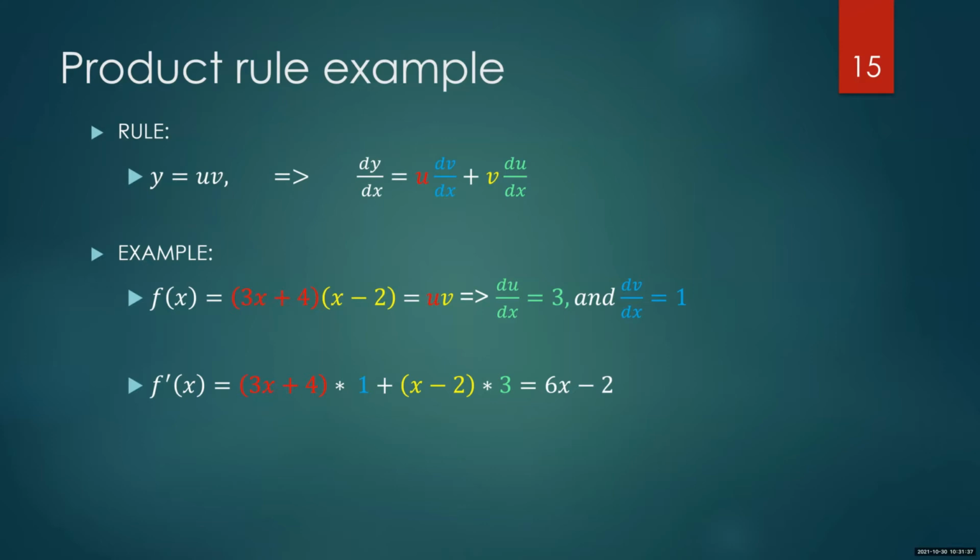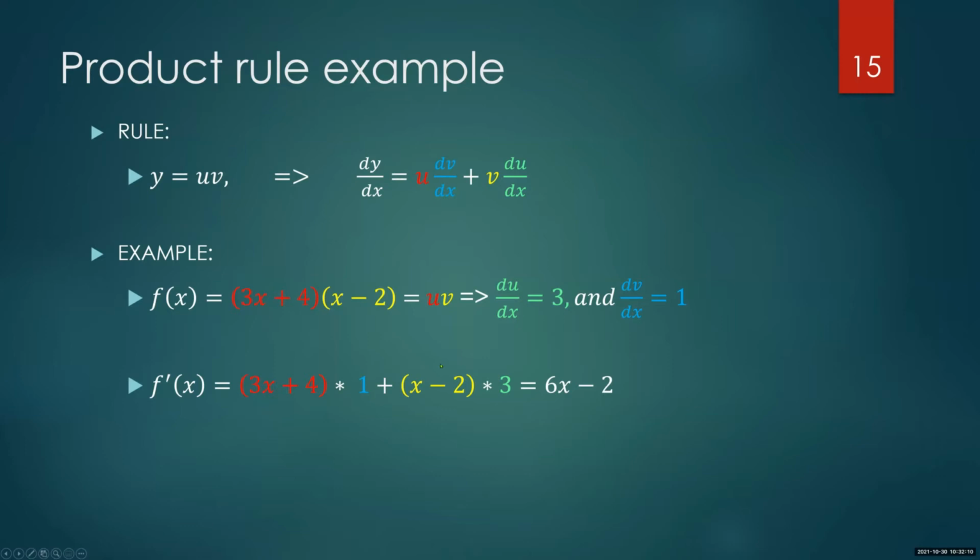So if f of x is equal to (3x plus 4) by (x minus 2), which is uv, we're saying that the u piece is 3x plus 4, the v piece is x minus 2. So du dx is equal to 3, and dv dx is equal to 1. So f dash of x then, the first piece here is u dv dx, so that's 3x plus 4, which is u, multiplied by 1, because we've said that dv dx is equal to 1.